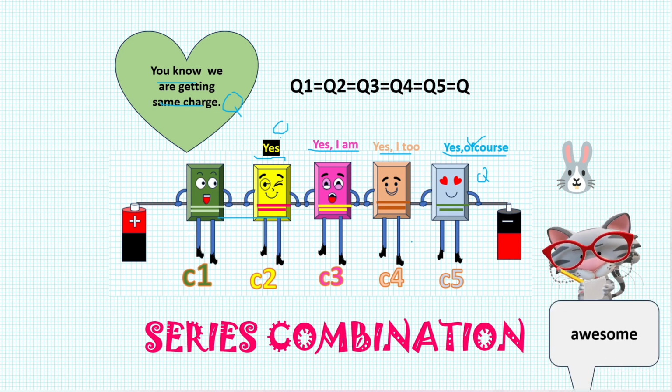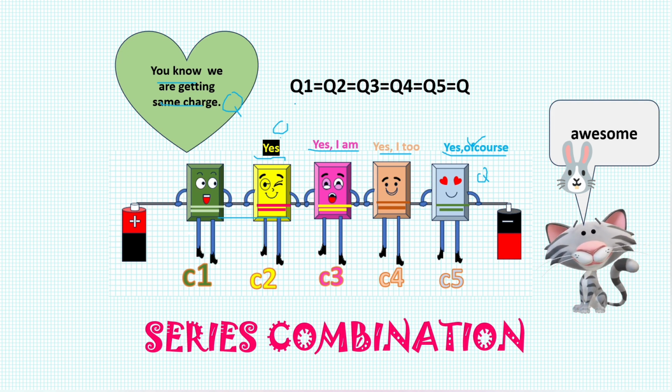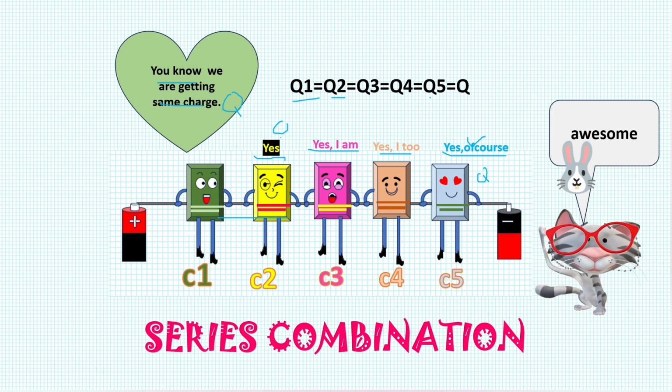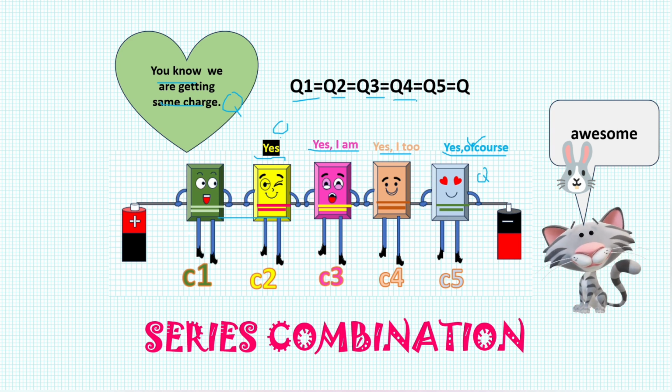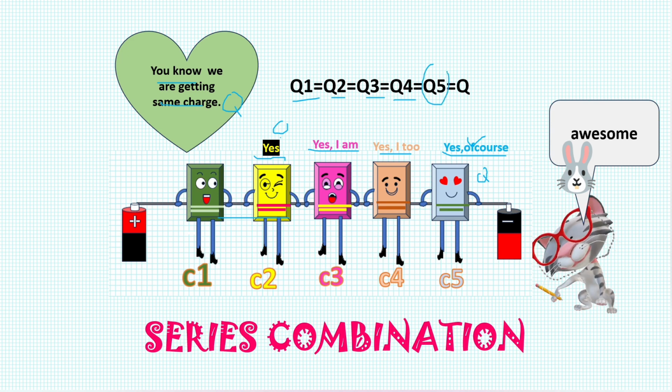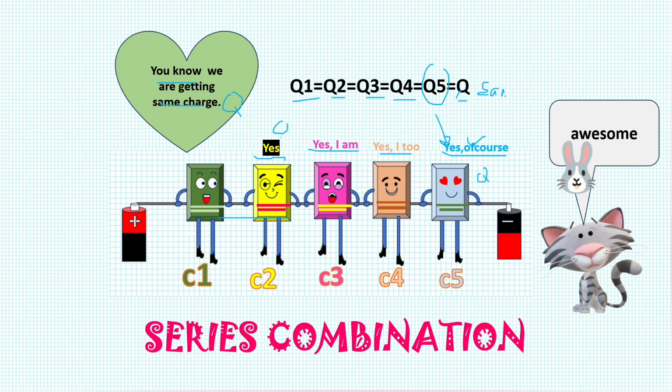So charge Q equals Q1 equals Q2 equals Q3 equals Q4 equals Q5. They are the same, so we can say the charge Q is received by each.